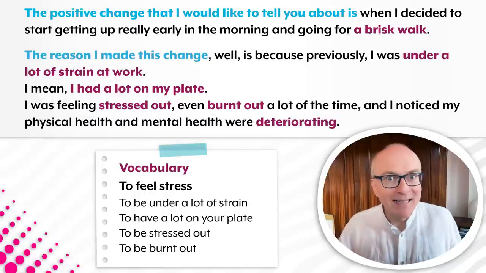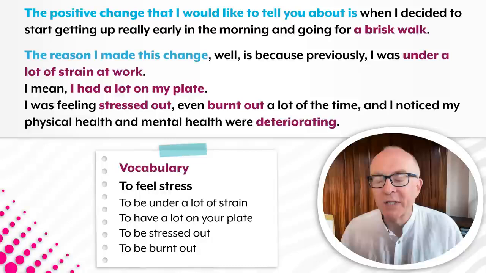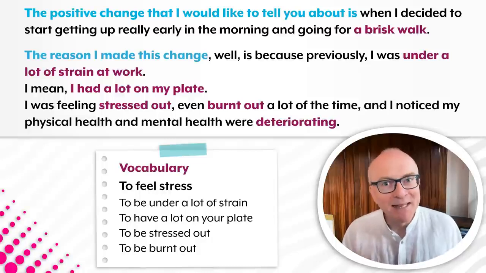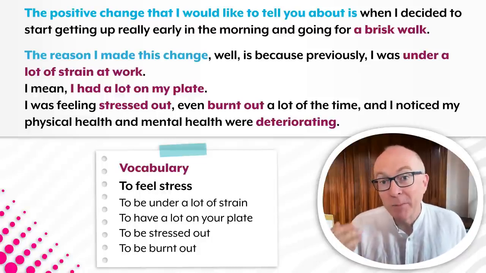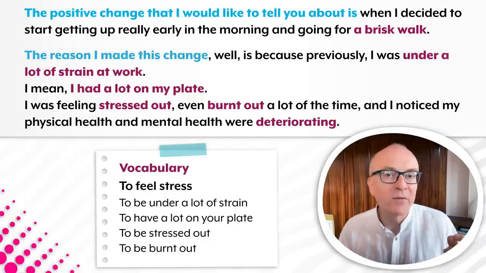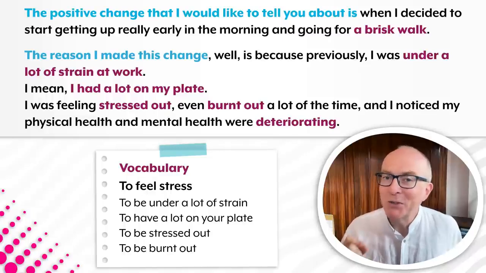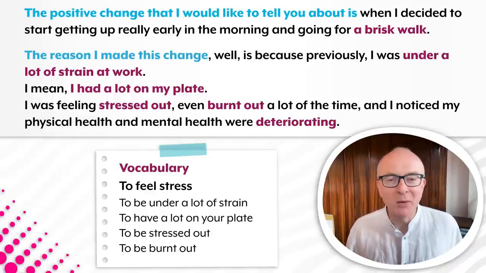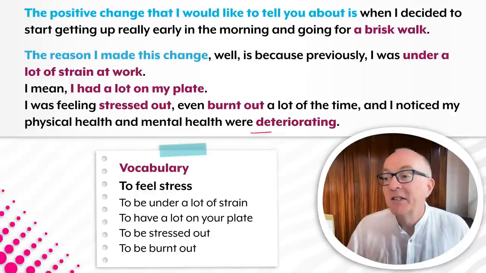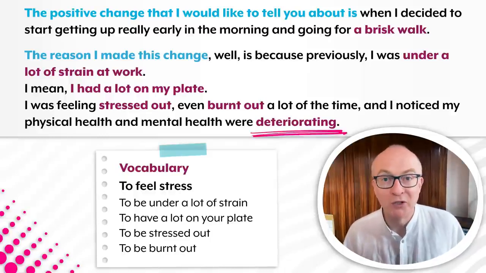I had a lot of activities that made me stressed. Or stressed out, burnt out. All of these mean the same. Notice I repeat the same thing two or three times with different words. In speaking, that's fine. You wouldn't do that in writing, but in speaking you can. Finally, deteriorating just means getting worse.